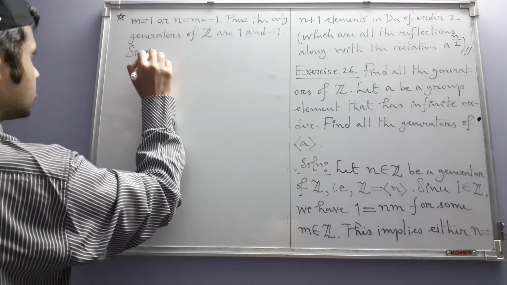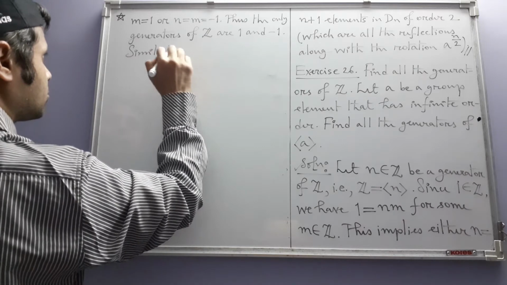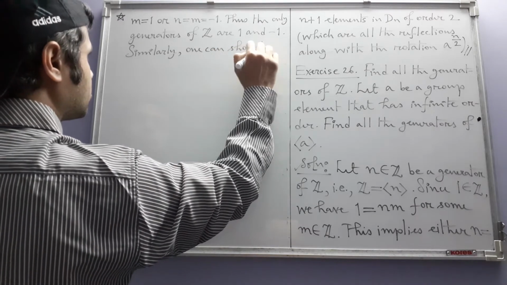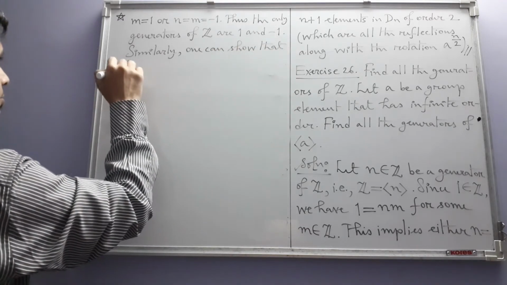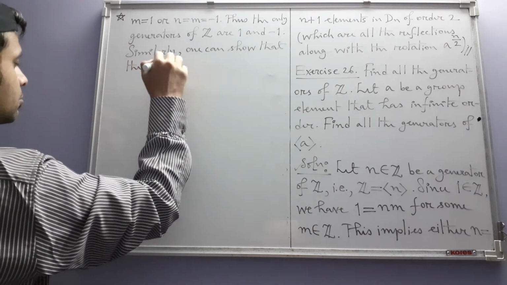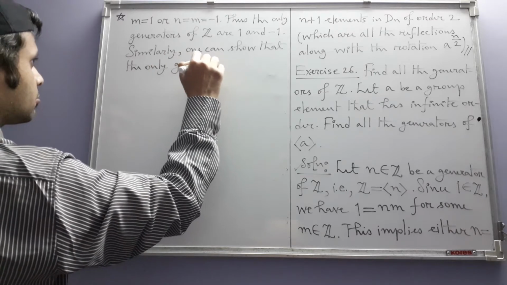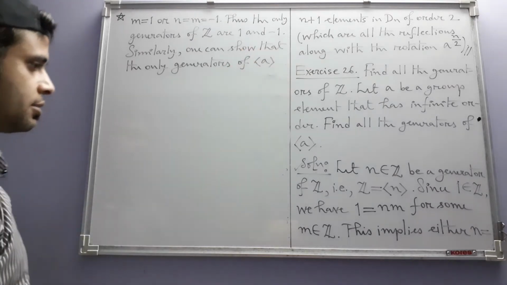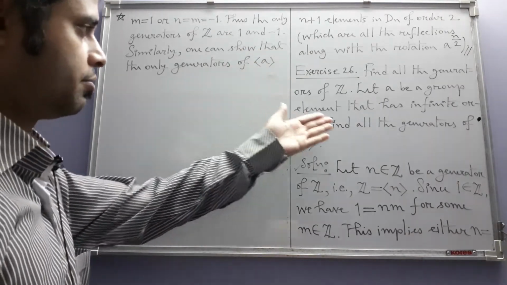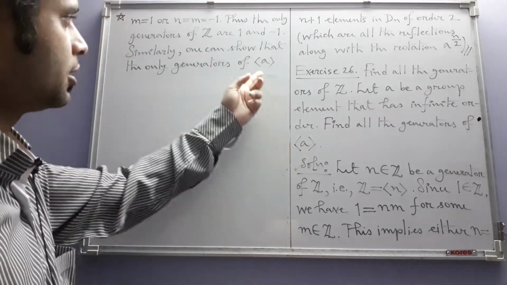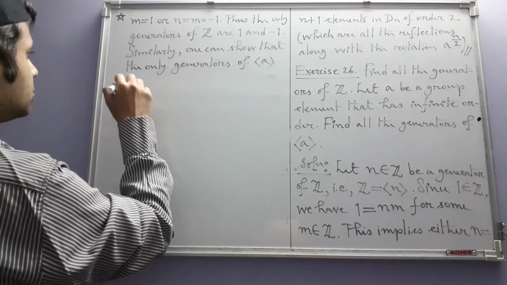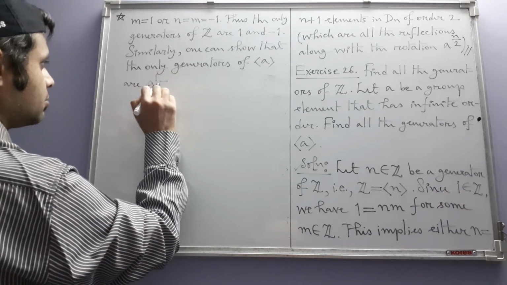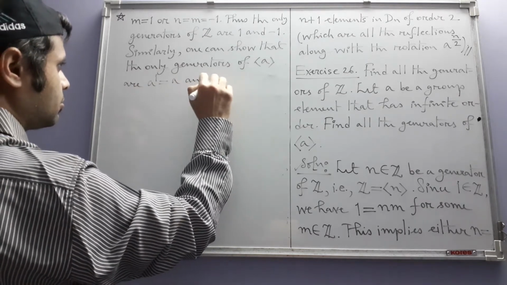Similarly, one can show that for the other case, where A is a group element of infinite order, the only generators of this cyclic group are a to the power 1, which is A, and A inverse.